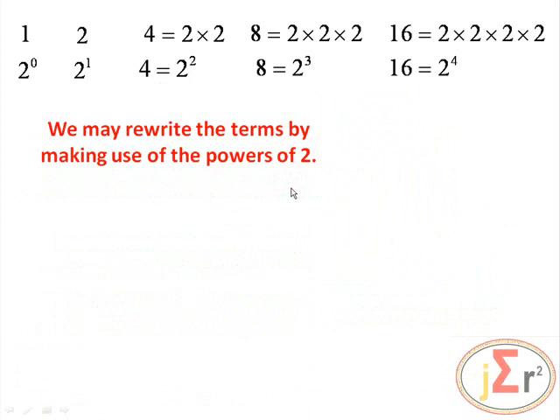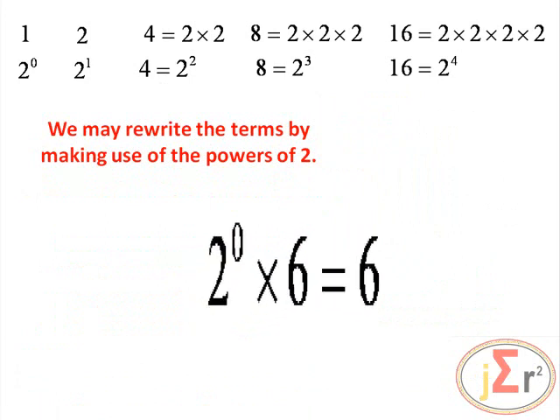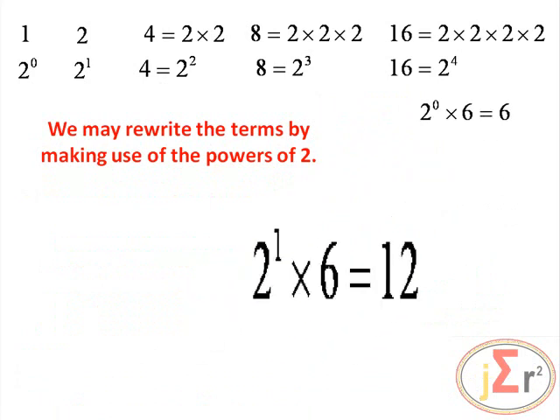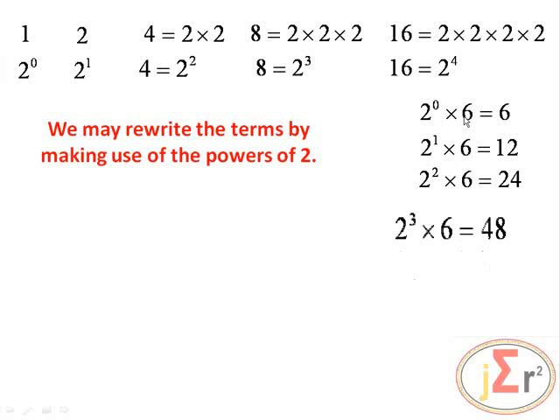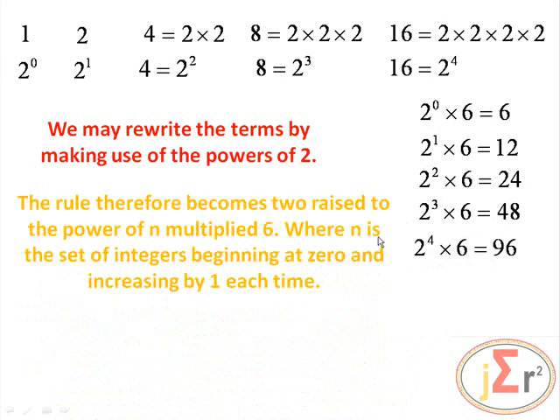We may write the terms by making use of the powers of 2 now. So this one is 1 times 6, 2 to the 0 times 6. 2 times 6, 2 to the power of 1 times 6. And we are multiplying in each case by powers of 2: 0, 1, 2, 3, 4, and so on.